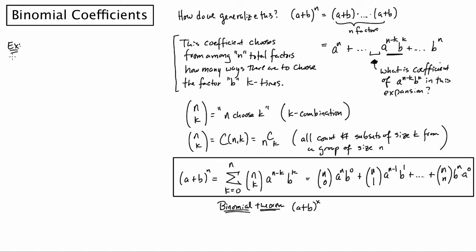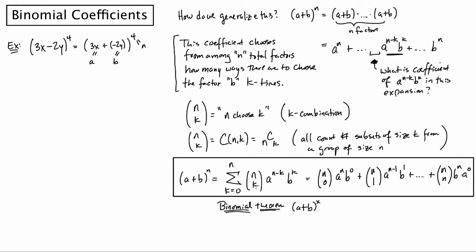Alright, so the example is, let's find the expansion of (3x minus 2y) to the 4th using the binomial theorem. Then I think of this as being (3x plus negative 2y) to the 4th, so that in the application of this formula, a is 3x, b is negative 2y, and n is 4.